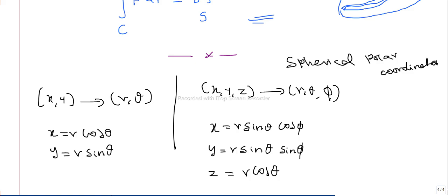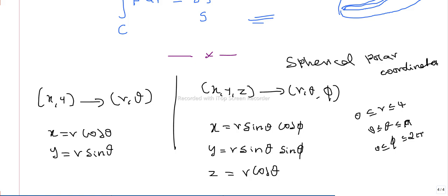So here the r is always the radius, and it lies between 0 and some value depending upon the sphere. A sphere of radius r means I can take some number, 4 or something, as the radius. This theta varies from 0 to pi, and phi varies from 0 to 2 pi. So this is the limit for theta and phi.